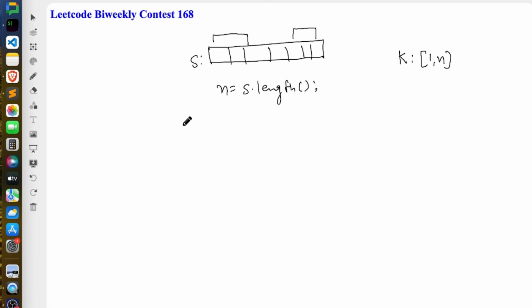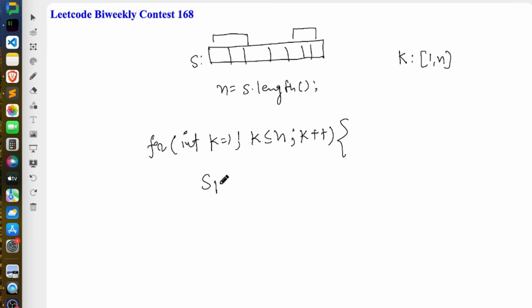So what we can do is simply go through each possibility of k. Let's say I'm going through for int k equals 1, k less than or equal to n, k plus plus. We can first reverse the first k characters. Let's say that string is s1. So s1 would be the string achieved by reversing the first k characters of s.